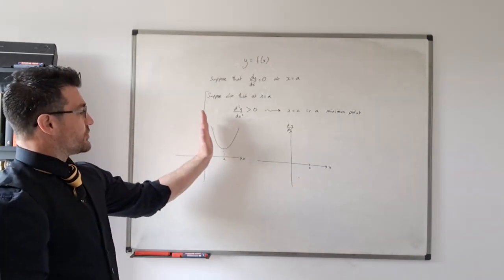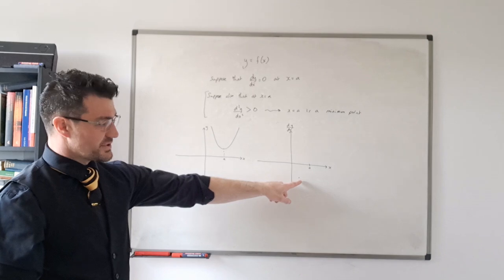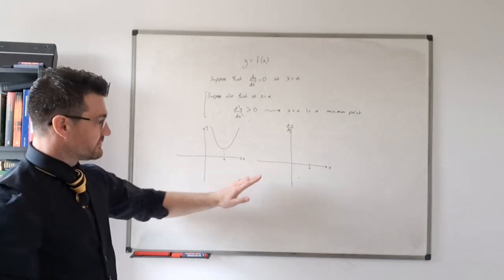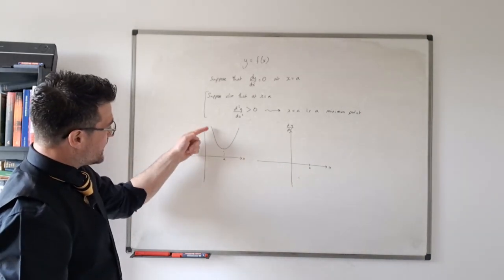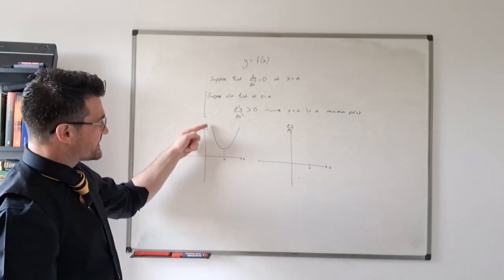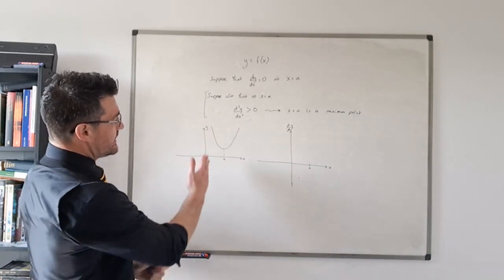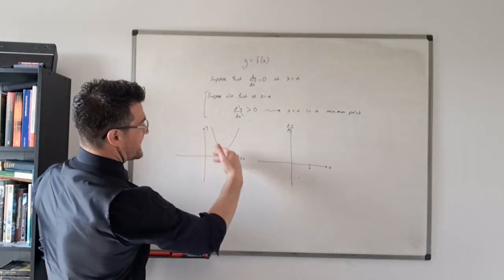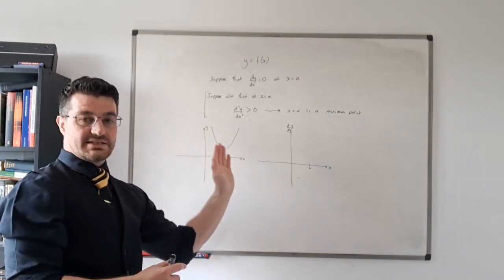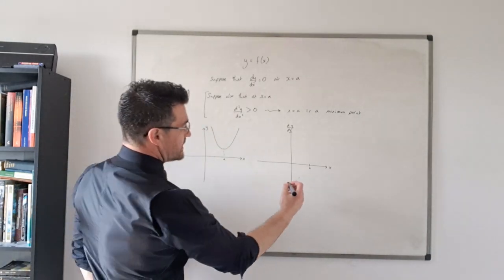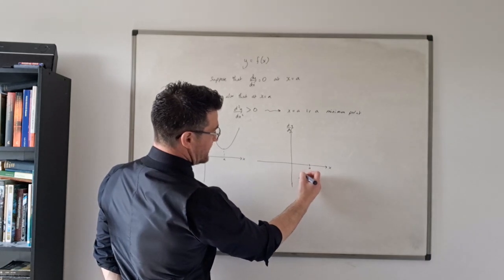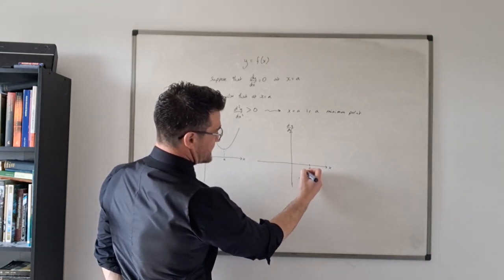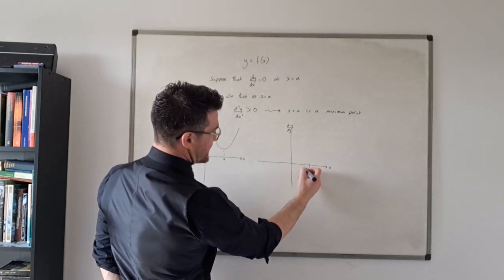Remember, gradients of tangent lines here correspond to points over here, right? So as we move closer to a, what happens to the gradient of the tangent line? It's still negative, but it gets less so, less negative. We get less and less negative as we move towards a.